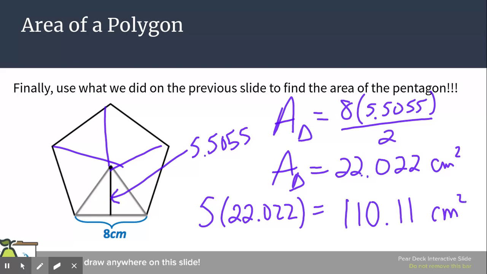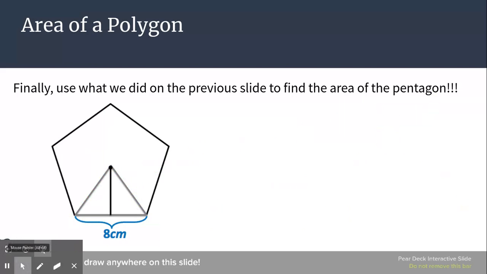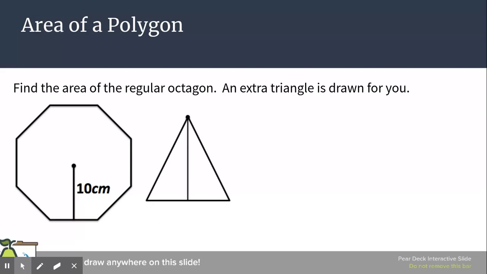The area of my pentagon is 110.11 centimeters squared, rounded correctly to, in this case, 2 decimal places. Right? So there you go. If you can find the area of just this triangle, you can multiply it by how many triangles you have, and you're set.